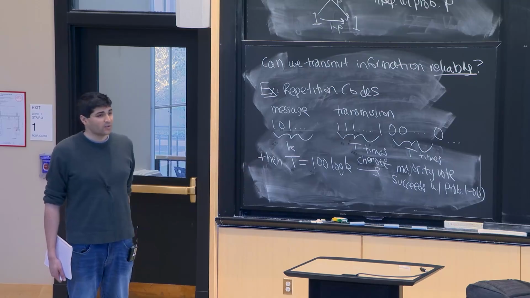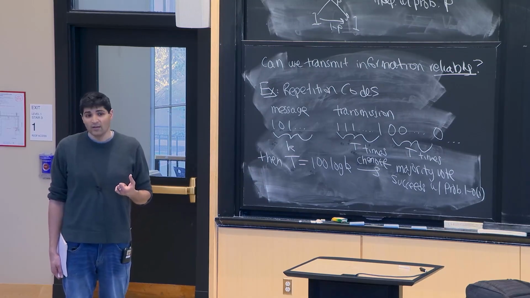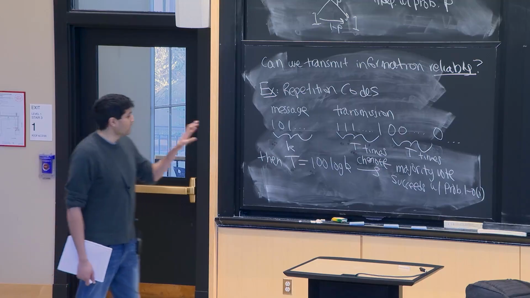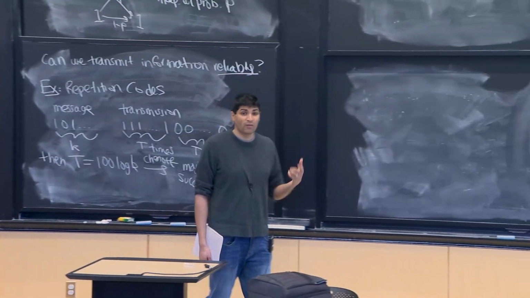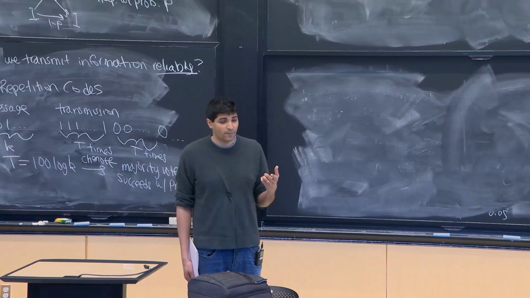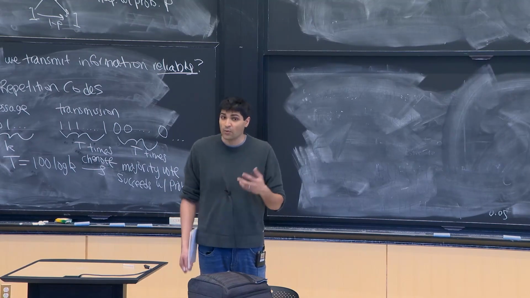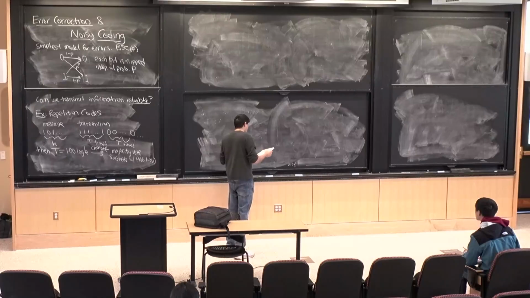Repetition codes are the first scheme you come up with when you first see this problem of communicating on a noisy channel. But the big surprise is that you can do way better than just repeating your message. So what I'm going to do right now is tell you about the desiderata, the things we want out of our code, and then we'll talk about Shannon's noisy coding theorem, and we'll prove it. I claim this code is pretty good, but not really the kind of thing that we're aiming for.